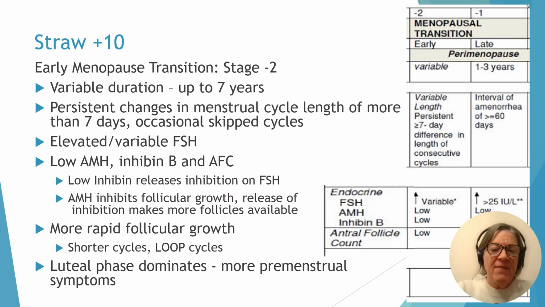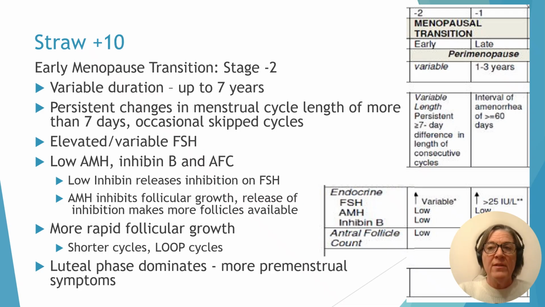At this time, the FSH is starting to go up. AMH and inhibin B and the antral follicular count are all dropping. And as we talked about before, those low inhibin levels release the inhibition on FSH, and that's why that's going up. The AMH also inhibits follicular growth, and the release of that inhibition makes more follicles available.